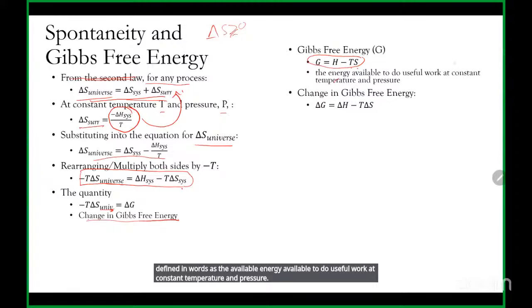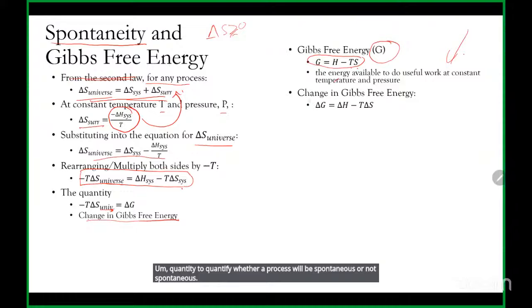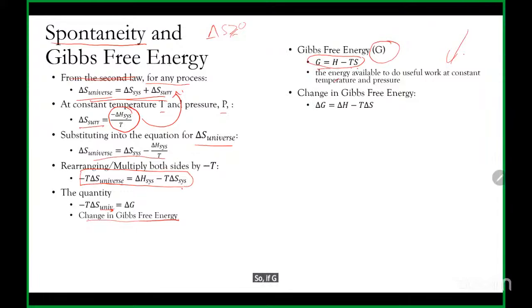We won't go into too much mathematics of it, but G, or change in G, is another useful quantity to quantify whether a process will be spontaneous or not. So if G is defined as H minus TS, then change in G during a process will be change in H minus T delta S.